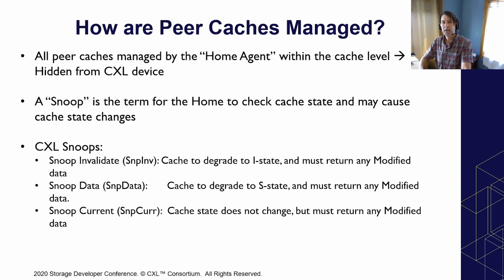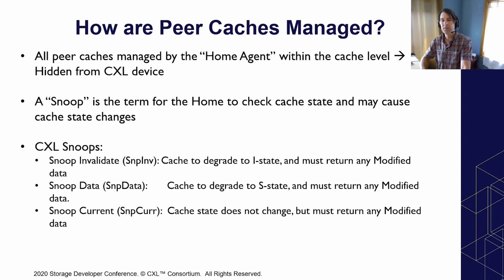Now, how are peer caches managed in a cache coherent system, and specifically within CXL? The home agent logic is the logic that will know about all the peer caches. A given cache source doesn't know about peer caches directly.